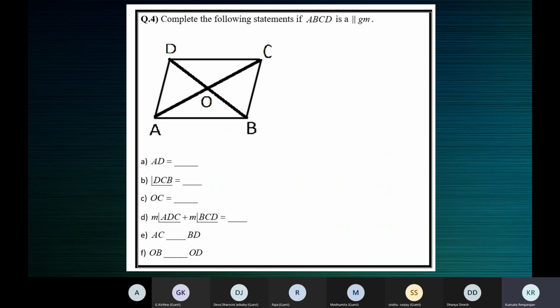Tell me one more pair of adjacent angles which add to 180. Measure of DAB and measure of CBA is 180 degrees, ma'am. Correct, Danya, good. One more. Somebody else?